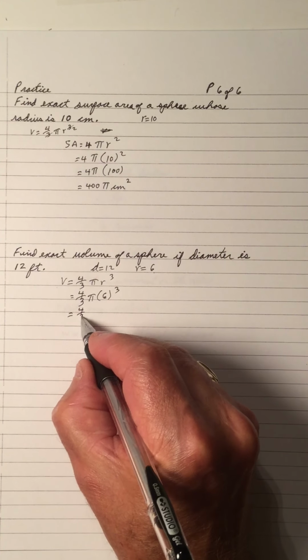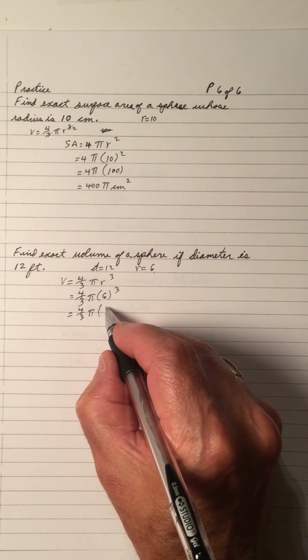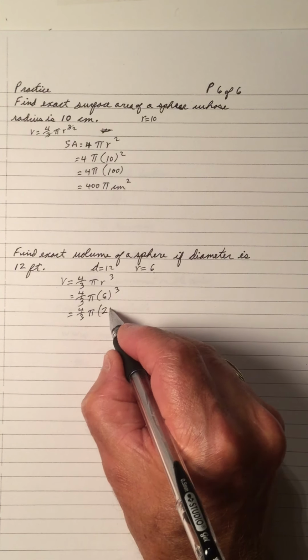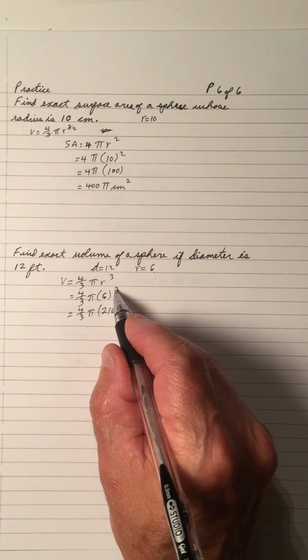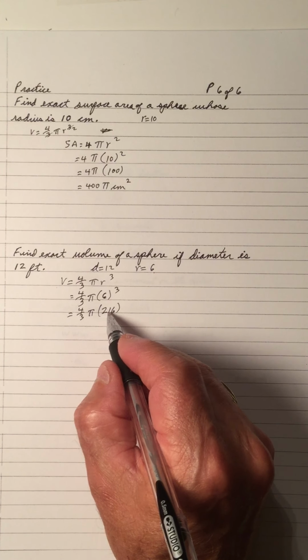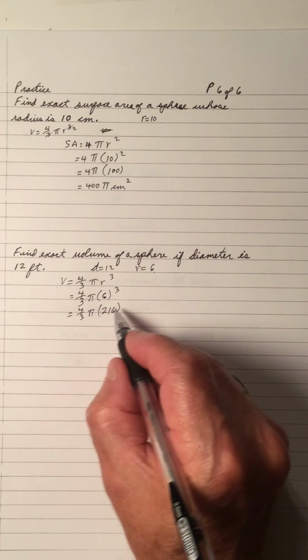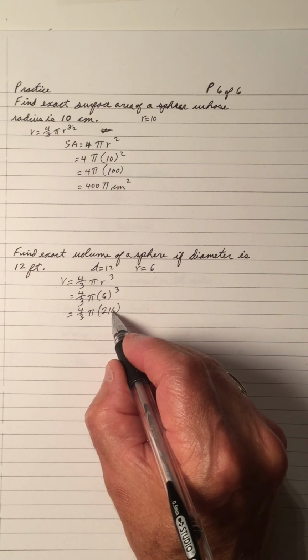So 6 cubed is 6 times 6 times 6, that's 216. I know that 3 will divide into 216. Another reason: the digits add up, 2 plus 1 plus 6 is 9.